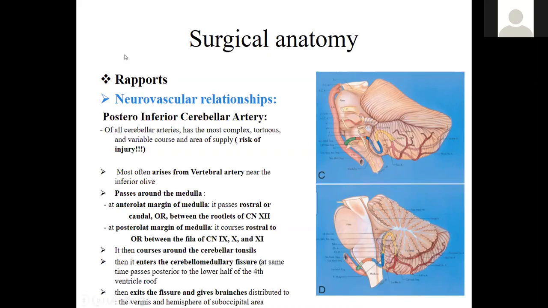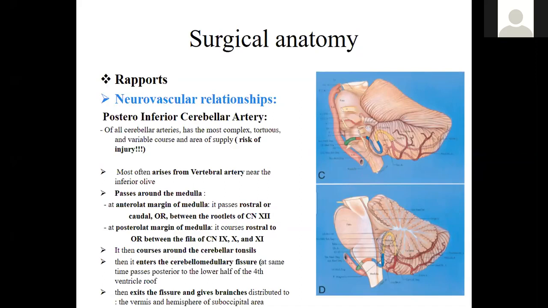The posterior inferior cerebellar artery is the artery that originates most often from the vertebral artery. Amongst all of the cerebellar arteries, it has the most complex, tortuous and variable course, as well as the most variable area of supply.